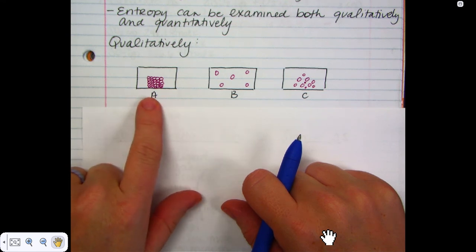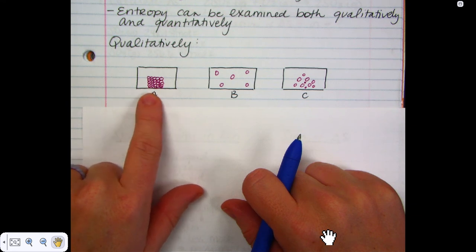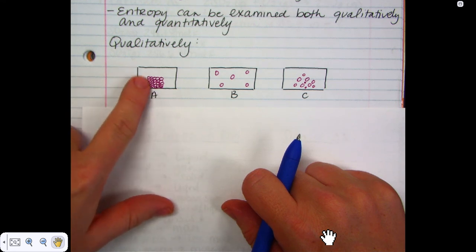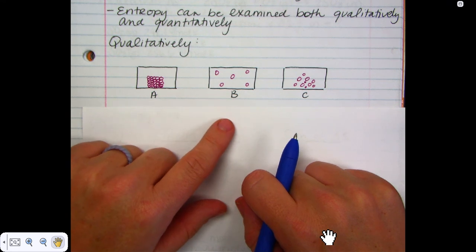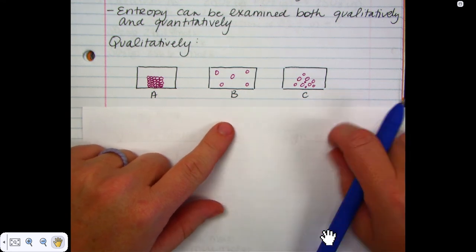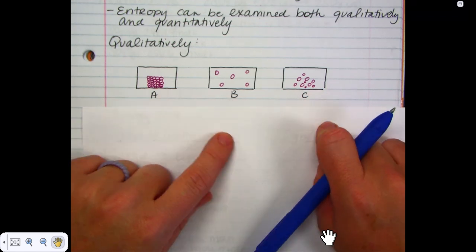In box A, my molecules, atoms, or particles are densely packed, very ordered, organized in lines and rows. In box B, they're more spread out, seemingly randomly. And in box C, they're closer together than B, not nearly as close as A.